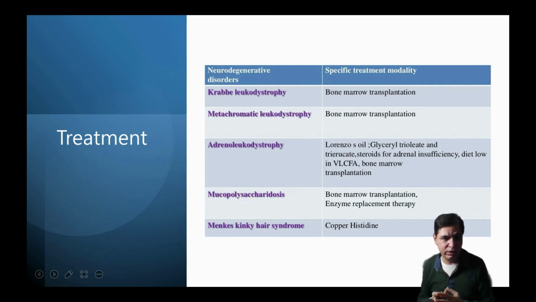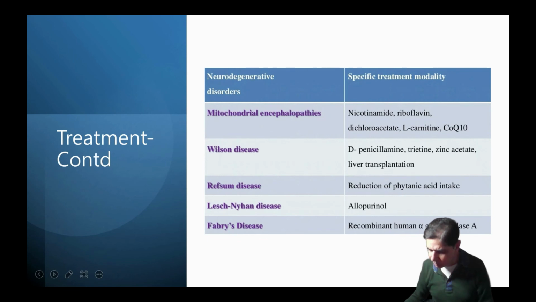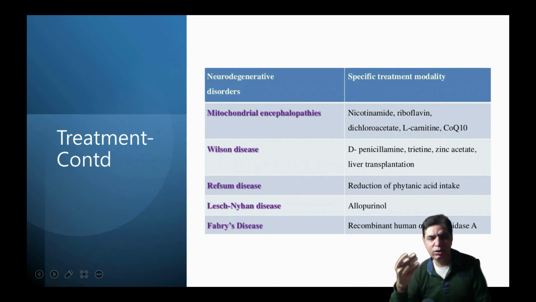As far as mucopolysaccharidosis, Hunters, again bone marrow transplantation or enzyme replacement therapy is something that works. For Menkes kinky hair syndrome, you have to give them copper and histidine. Similarly, for mitochondrial cytopathies, different types of vitamin B complex like nicotinamide, riboflavin, or L-carnitine, along with coenzyme Q10, work.